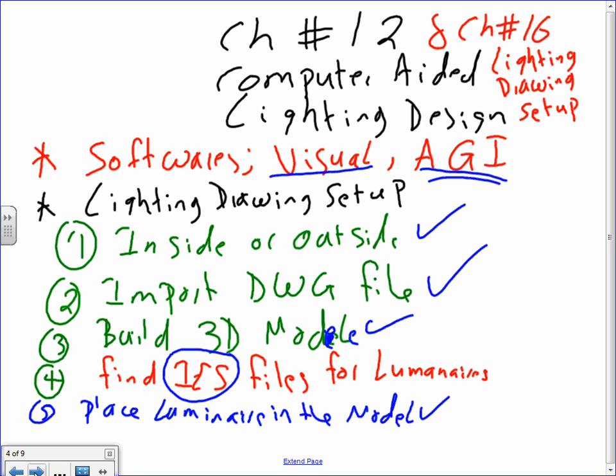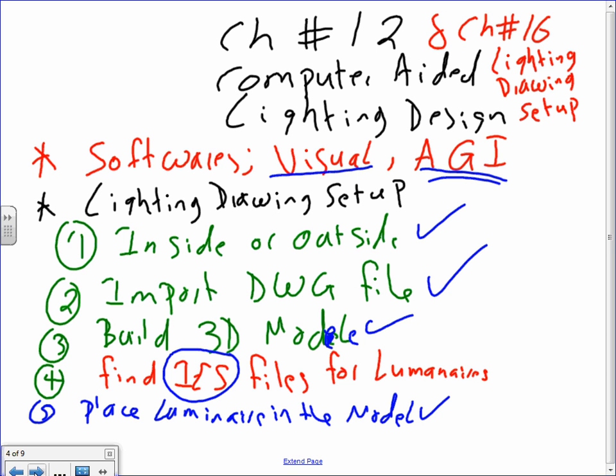Three, find the IES file for the luminaires. Very important. So we build the model, then we need to go find a lighting schedule. Remember how we went through the schedule and we built the schedule in Visual, Jeff? So we summarized it all the way. We got our luminaires.